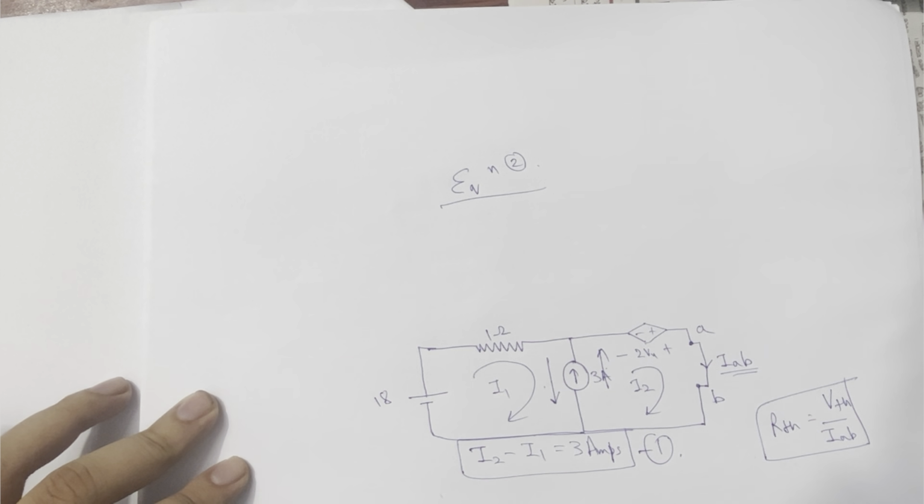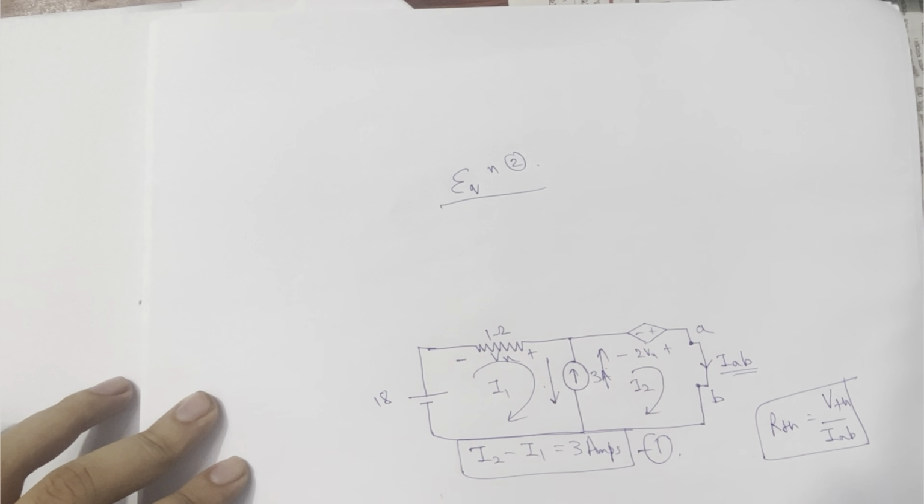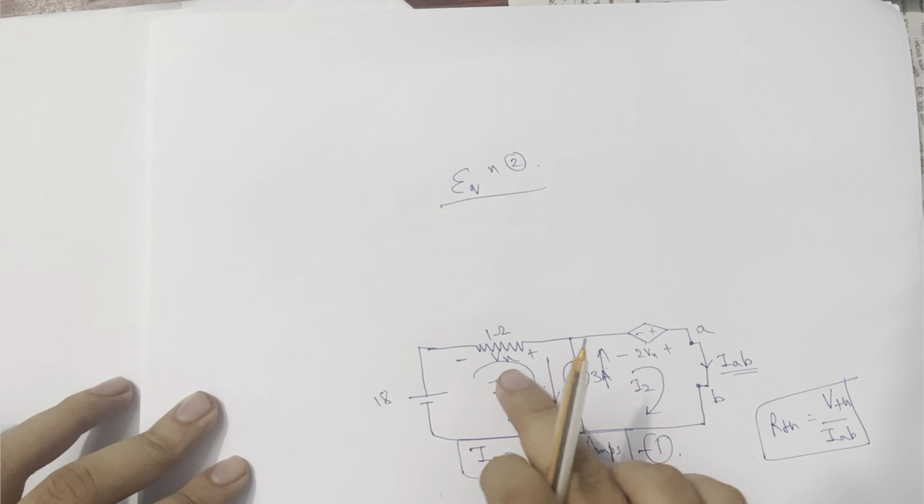To get equation 2, I can write a KVL. This is nothing but Vx only. This is a dependent source depending on this voltage.